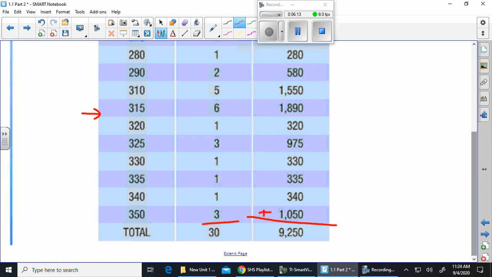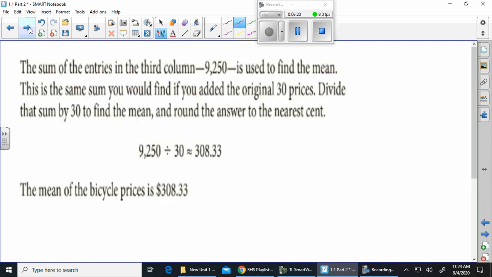So how am I going to find my mean? I'm going to take my 9,250 divided by 30 bikes, and that's going to give me my mean price, which is $308.33.